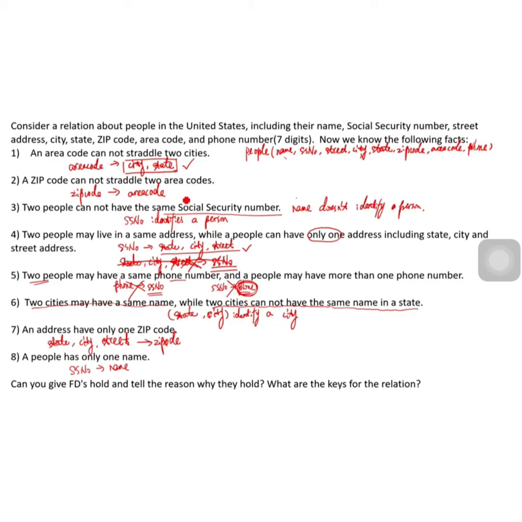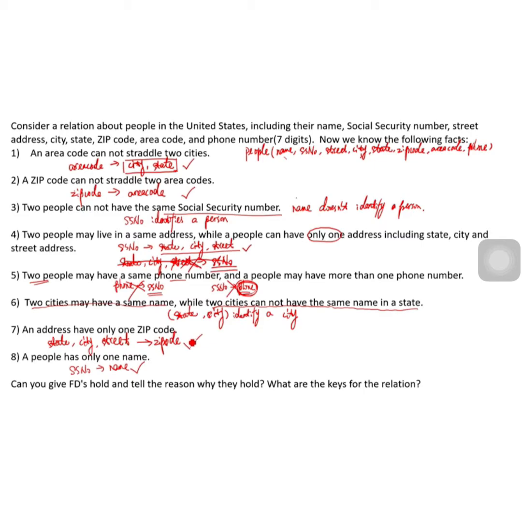Zip code functionally determines area code. SS number functionally determines street, city. And state, city, street functionally determine zip code. And SS number functionally determines A.